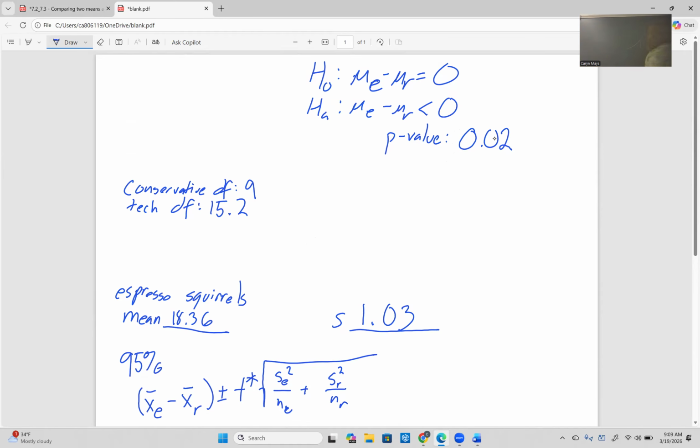Somewhere in there. I encourage you to check that and try that, but we're mostly out of time. Either way, what we should get is to reject the null hypothesis, meaning the espresso squirrels complete the course faster.